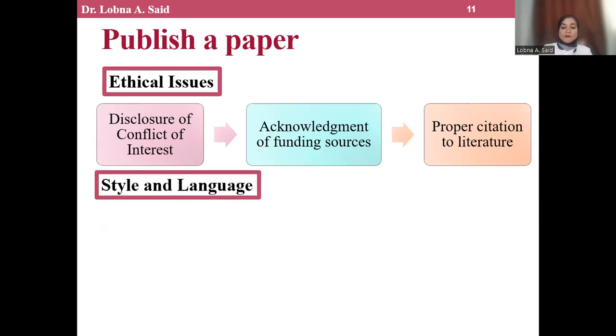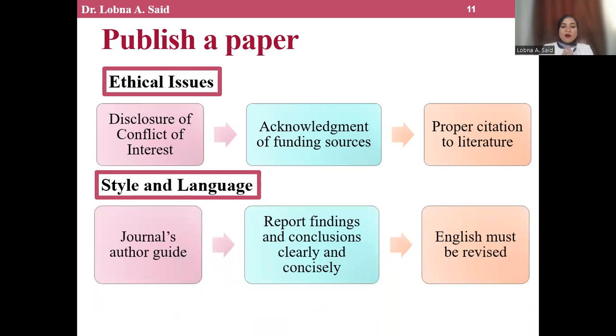Style and language. You have to read the journal author guide. It's really important, because you don't want your paper to get rejected because you didn't follow the author guidelines. So it's really a matter of targeting a journal, and you have to follow the requirements of this journal. Second is reporting findings and conclusions. They have to be clear and concise.